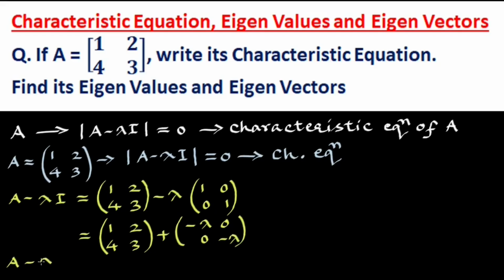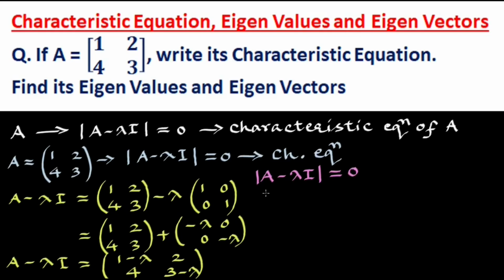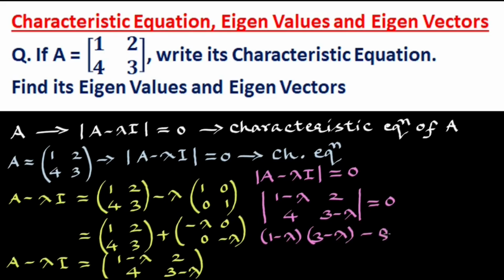A minus lambda I will be matrix 1 minus lambda, 2, 4, 3 minus lambda, and the characteristic equation will be determinant A minus lambda I equals 0, that is determinant 1 minus lambda, 2, 4, 3 minus lambda equals 0. (1 minus lambda) into (3 minus lambda) minus 8 equals 0. 3 minus lambda minus 3 lambda plus lambda square minus 8 equals 0.